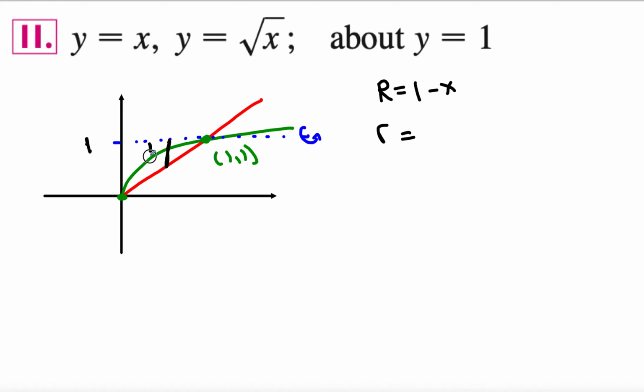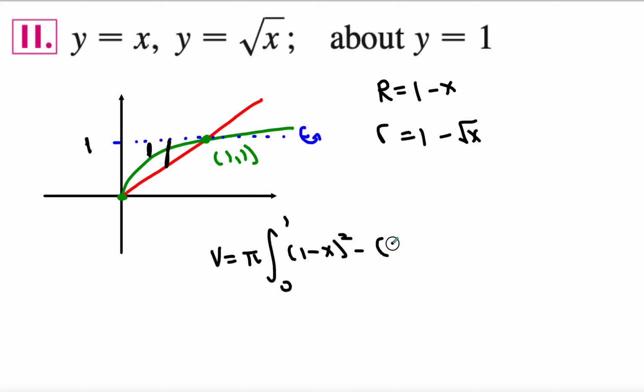The smaller r is up to here, in other words, 1 minus square root of x. So my volume should be pi from 0 to 1 of (1 minus x) squared minus (1 minus radical x) squared dx.